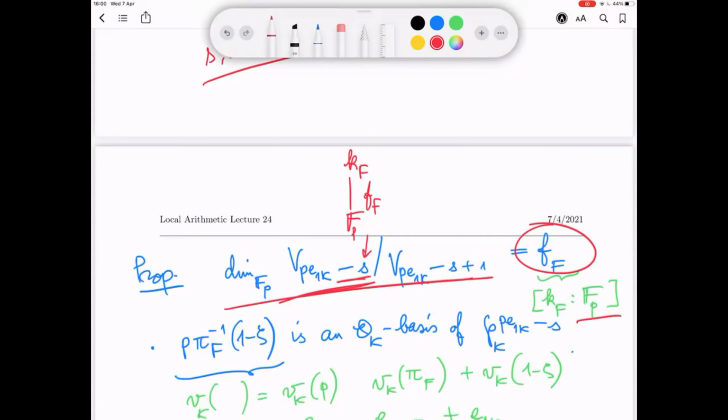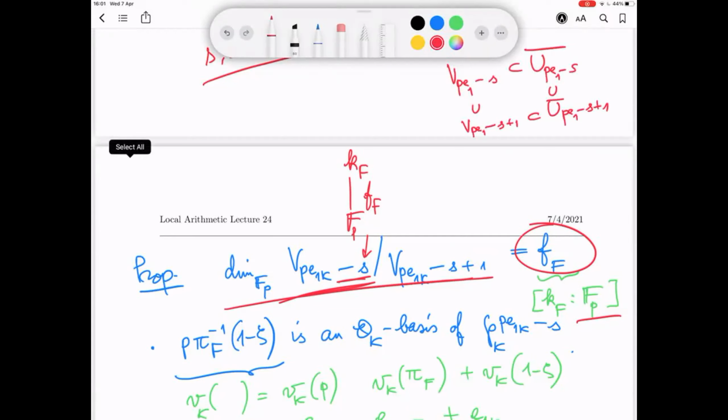So this V PE1, let me just call it E1 instead of E1K, E1 minus S. This is containing U PE1 minus S bar, right? And then you have this subspace, which is V PE1 minus S plus 1. And of course, this is containing U PE1 minus S plus 1 bar.